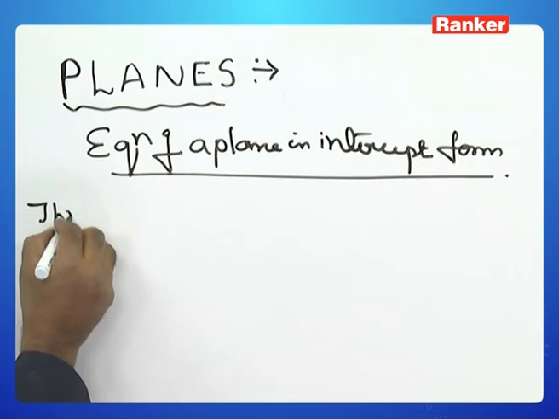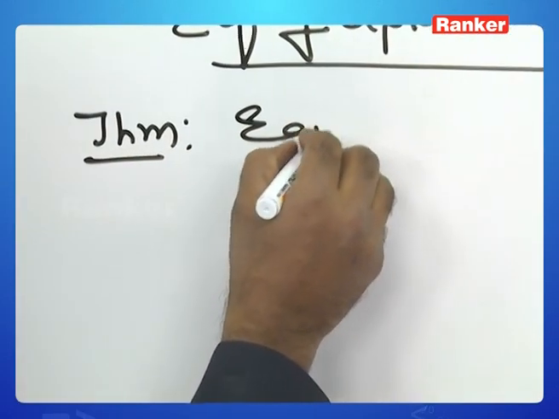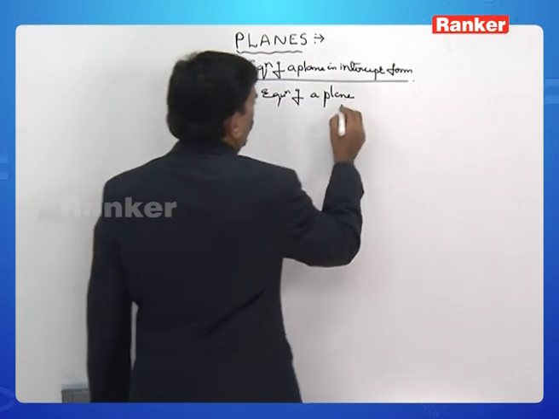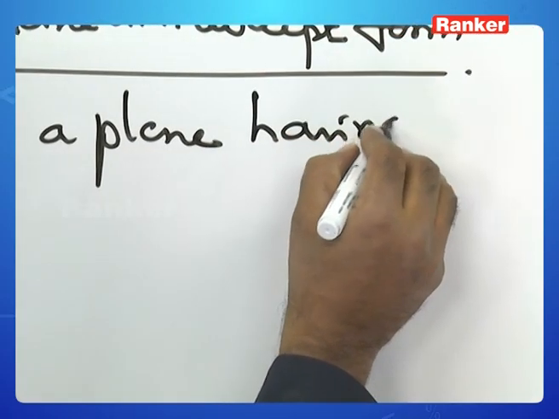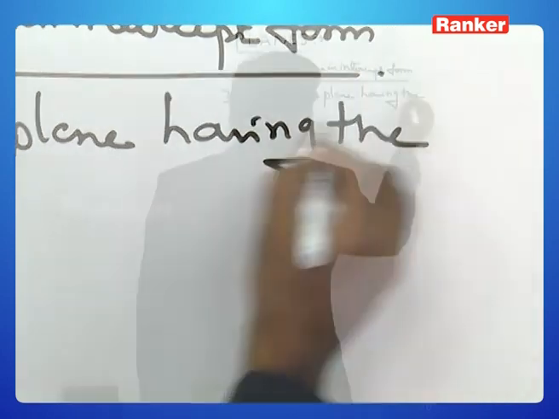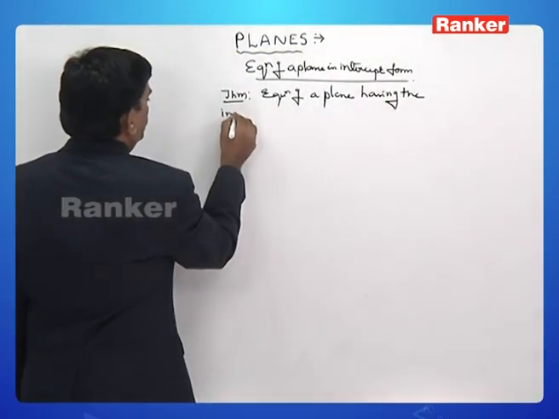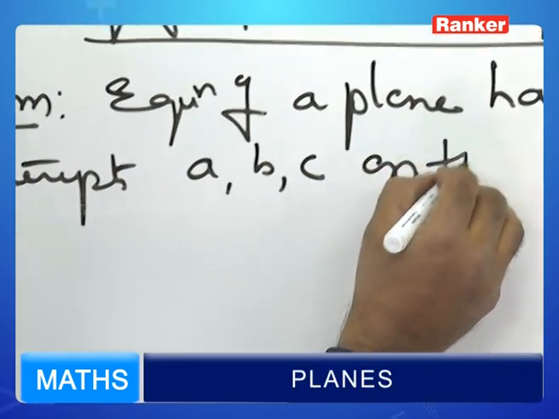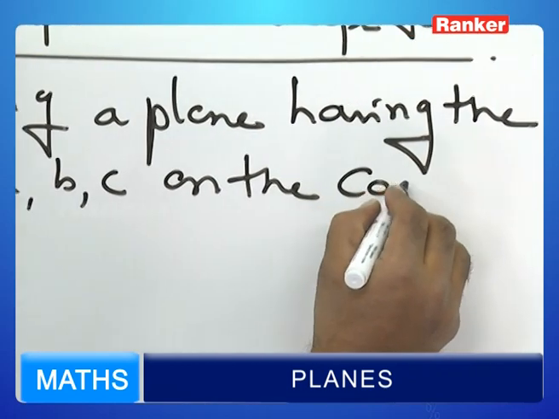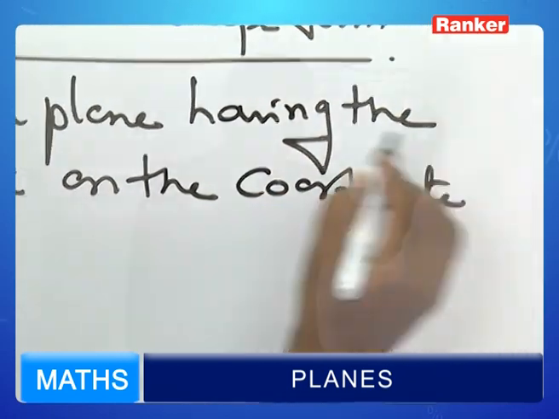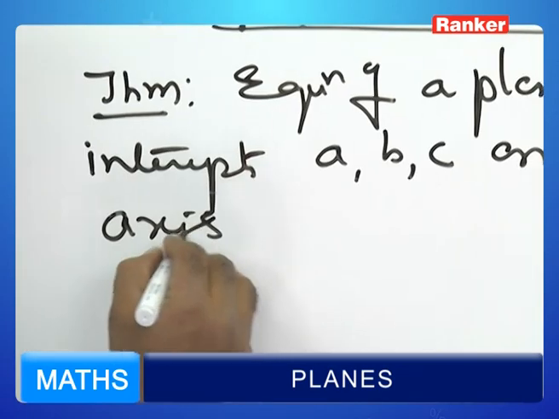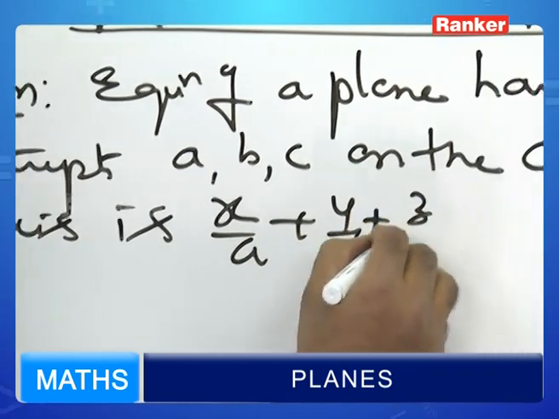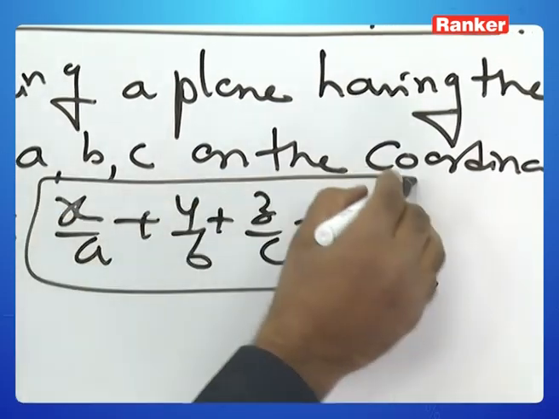The theorem says: the equation of a plane having the intercepts A, B, C on the coordinate axes is x by A plus y by B plus z by C is equal to 1.